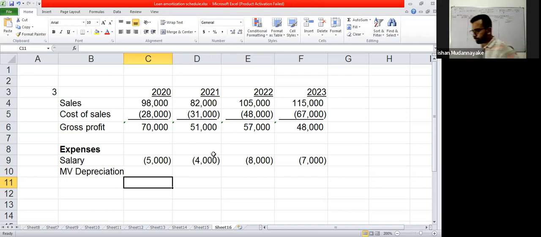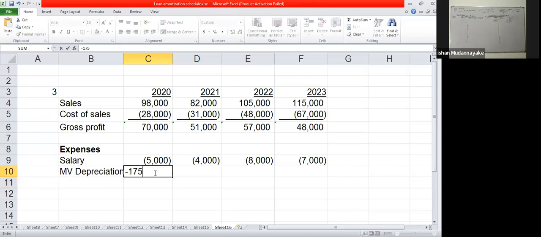Answer for the third block. And here, motor vehicle depreciation for the first year, how much? 70,000.